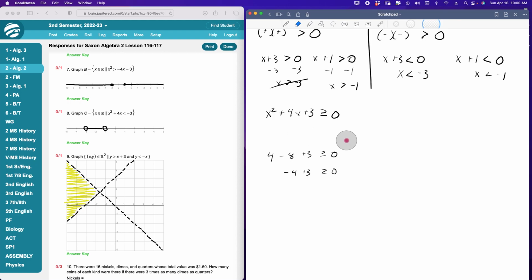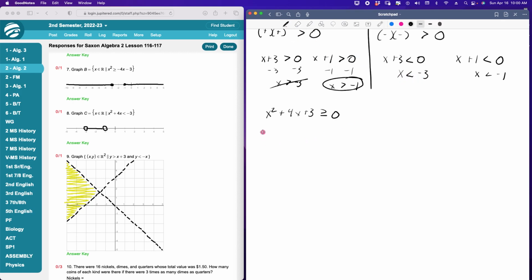So let's try the next one. Greater than negative 1. Well, that would be 0. So that'd be 0 plus 0 plus 3. Positive 3 is greater than or equal to 0. It's greater than 0. So this one is true. So let's look at less than negative 3.